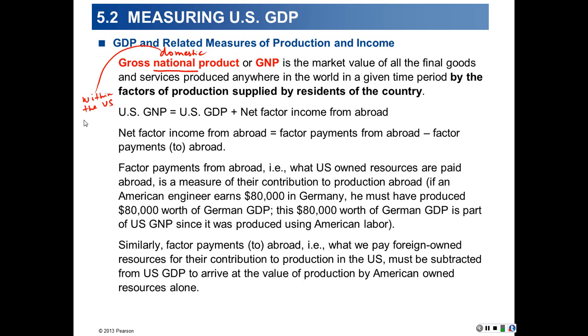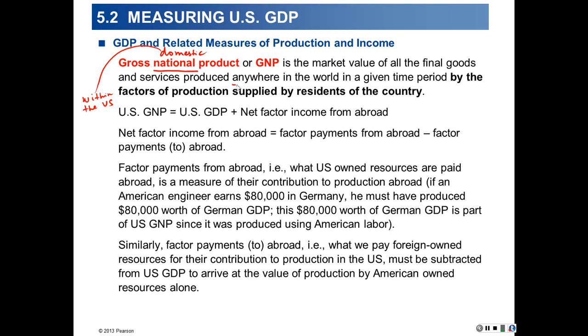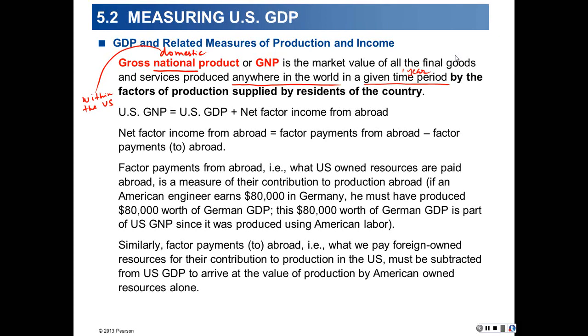It says here, GNP is the market value of all the final goods and services produced anywhere in the world in a given time period, usually 1 year, that's the typical time period, by the factors of production supplied by residents of the country. In other words, anything made anywhere in the world using either US land, labor, capital, entrepreneurship is part of US GNP.